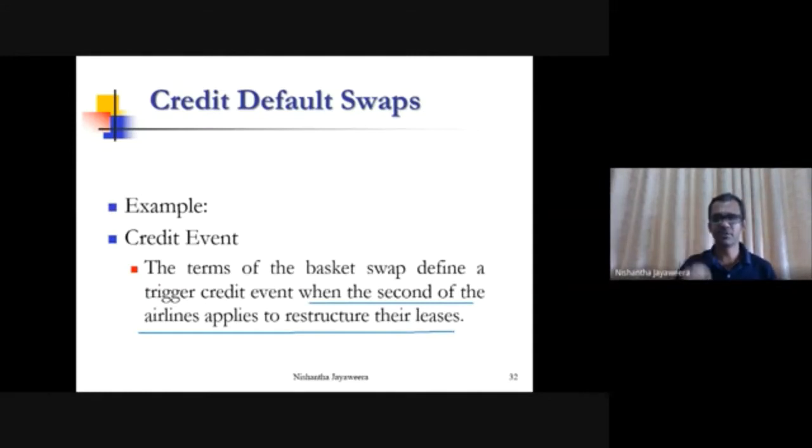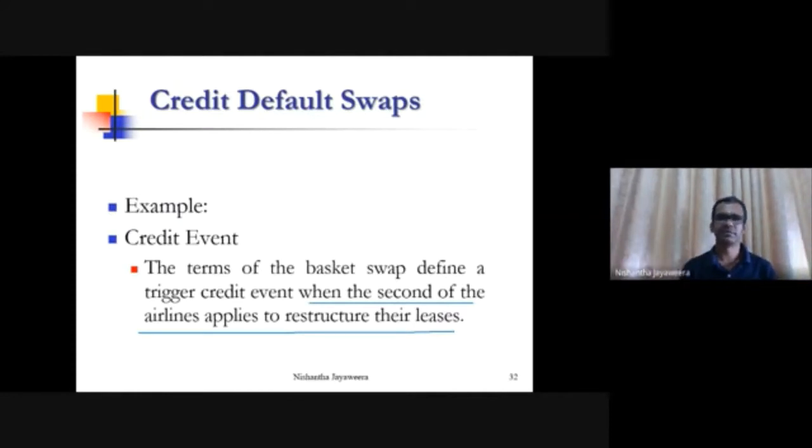But the moment the second airline applies for a restructure, this credit event is triggered and the bank ABC can go to the CDS seller and say, see, the second airline also applied for a restructure. So this is the credit event triggered.